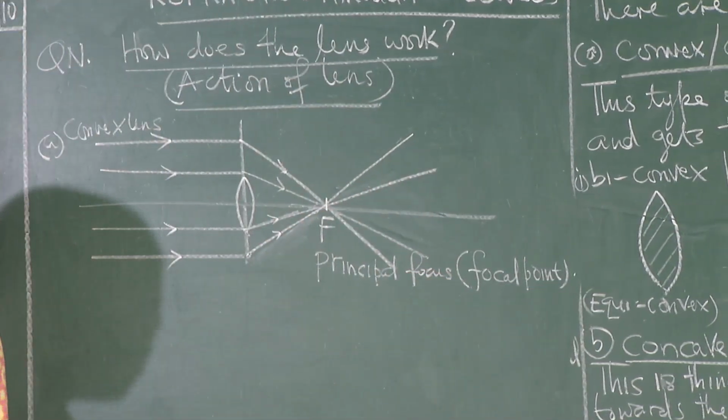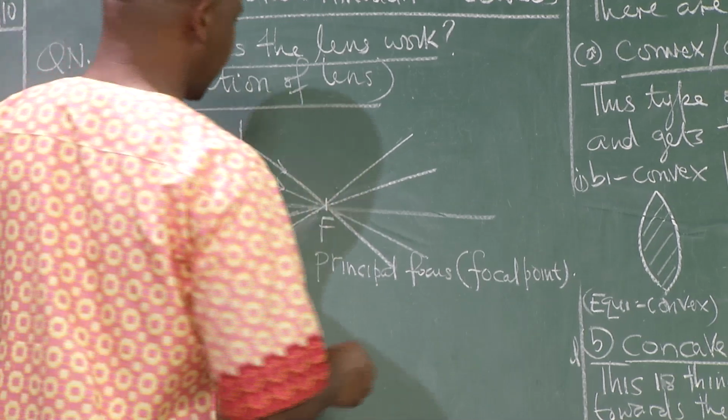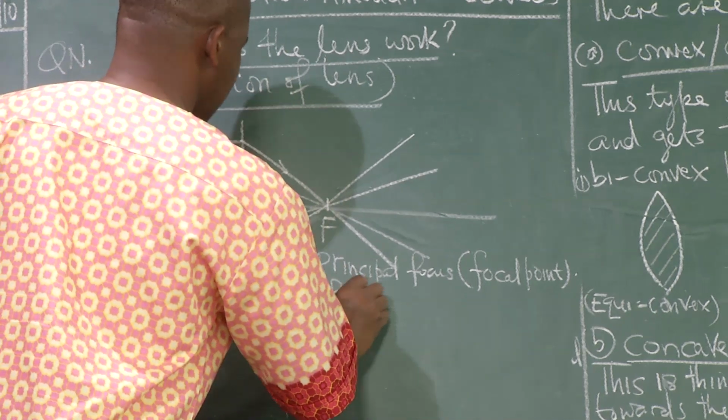So the convex lens refracts light to one common point called the principal focus, and this principal focus is real.